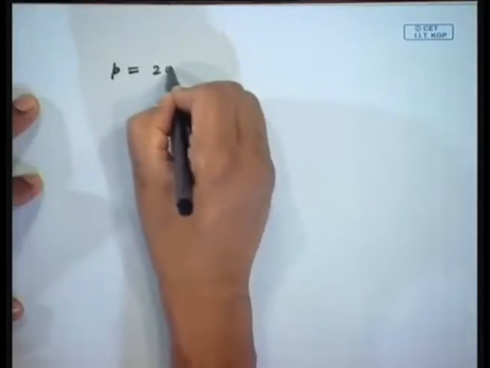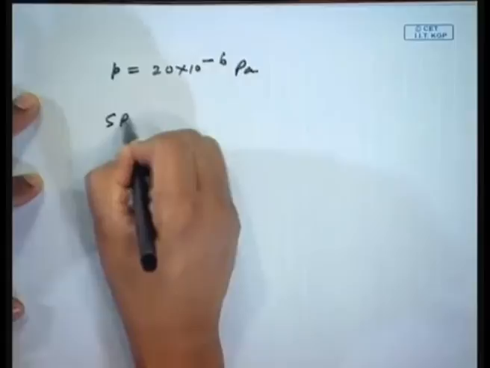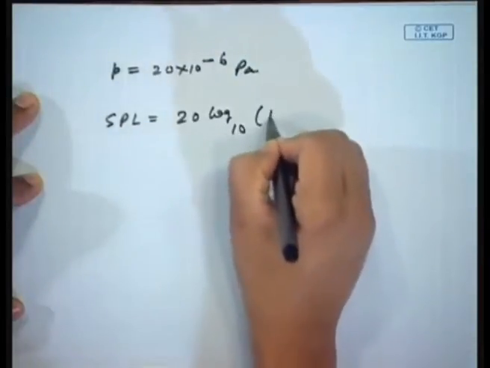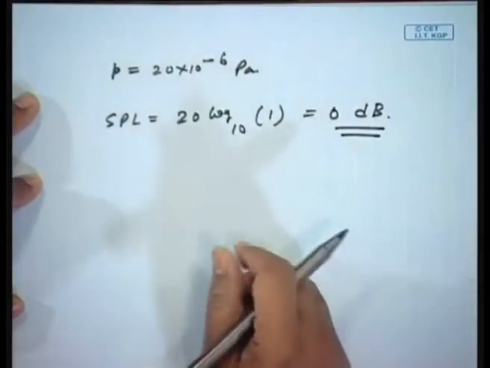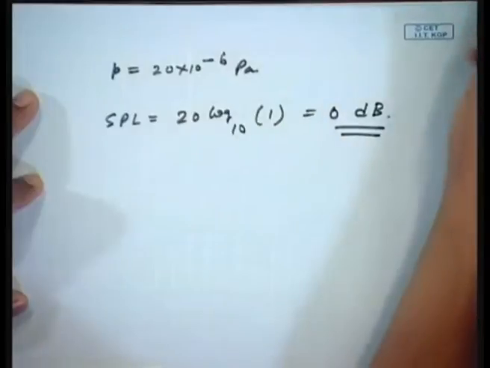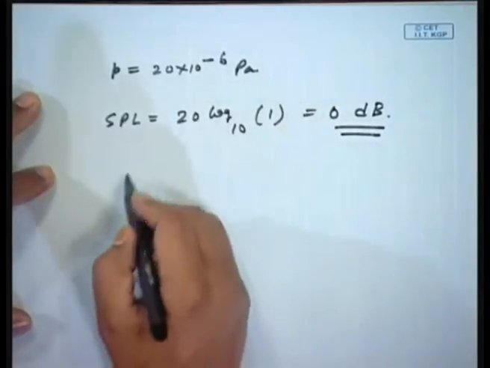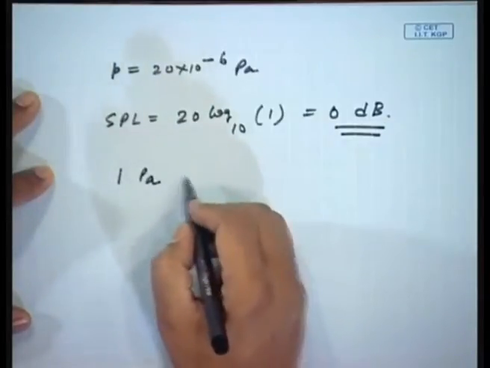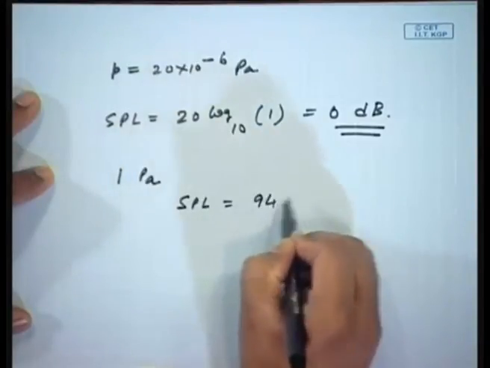So, when p is equal to 20 into 10 to the power minus 6 pascals, SPL would be 20 log 10 of 1, that is 0 decibels. So, I have resolved 20 into 10 to the power minus 6 as 0 decibels, and if you work out, 1 Pascal is about 94 decibels.